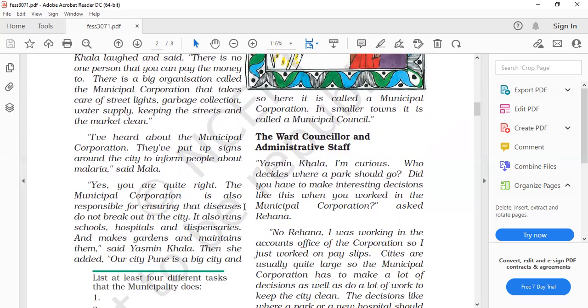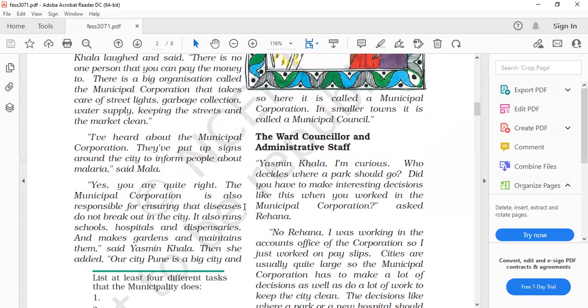So what are the functions taken care of by municipal corporations? Once again, I told you, to start the answer you have to mention that the municipal corporation is a big organization.